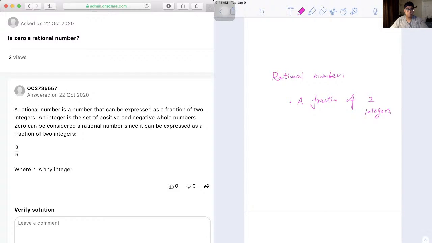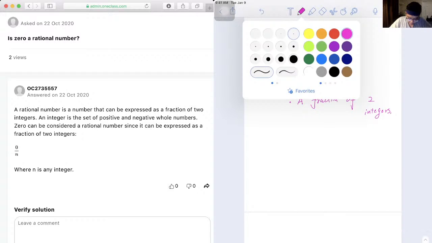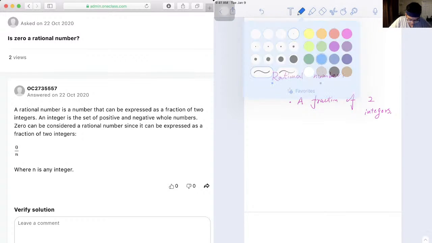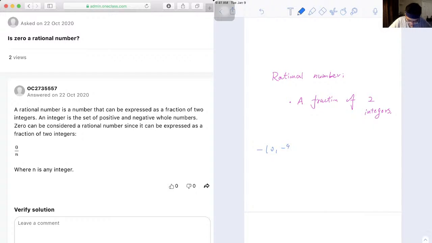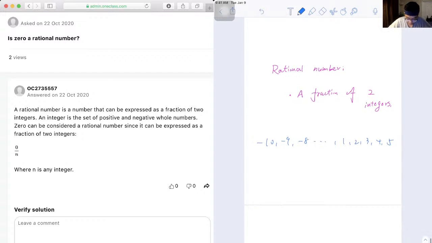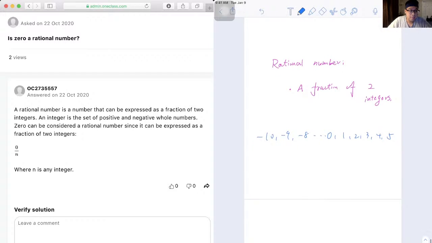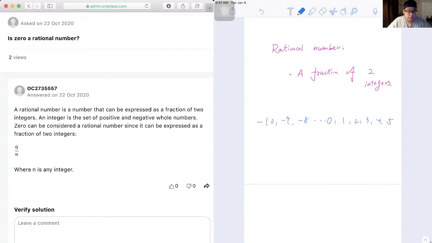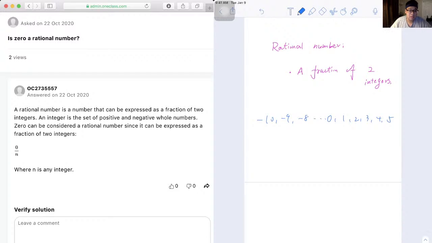And an integer is just a set of positive and negative whole numbers. So like -10, -9, -8, and so on, 1, 2, 3, 4, 5. All those are integers. Oh, and also 0 is an integer. And yeah, so 0 can be considered a rational number since it can be expressed as a fraction of two integers.